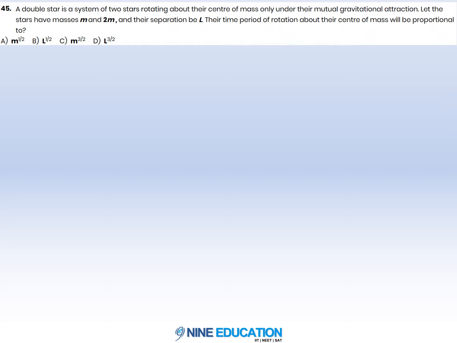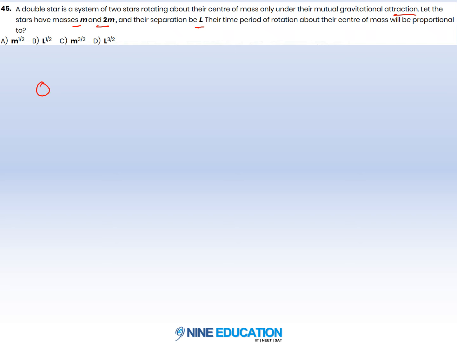Question number 45. The double star is a system of two stars rotating about the center of mass only under the mutual gravitational attraction. Let the stars have mass m and 2m and their separation is L. The time period of rotation will be proportional to what?